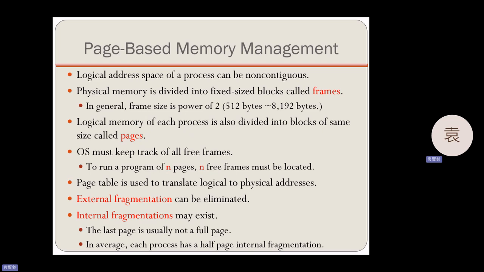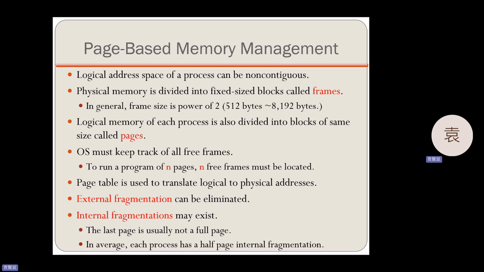And by using this mechanism, external fragmentation can be eliminated, in the sense that if an incoming process requires n pages, as long as there are n free frames, then we can allocate. We don't need those n frames to be contiguous. These n frames can be scattered around the physical memory.